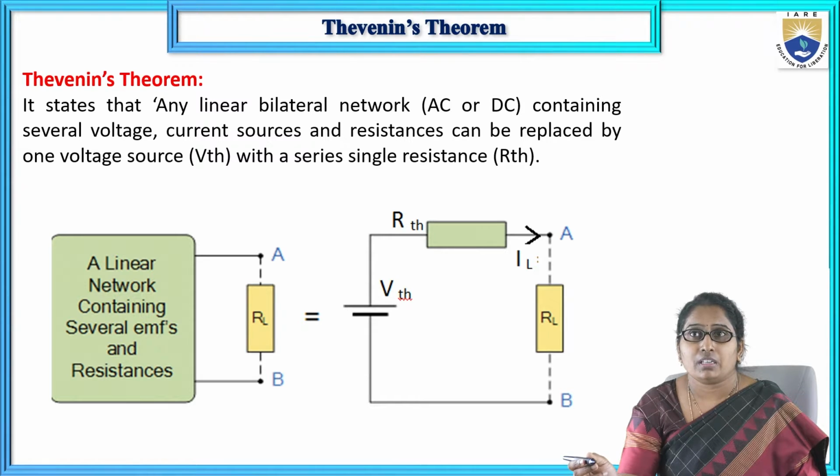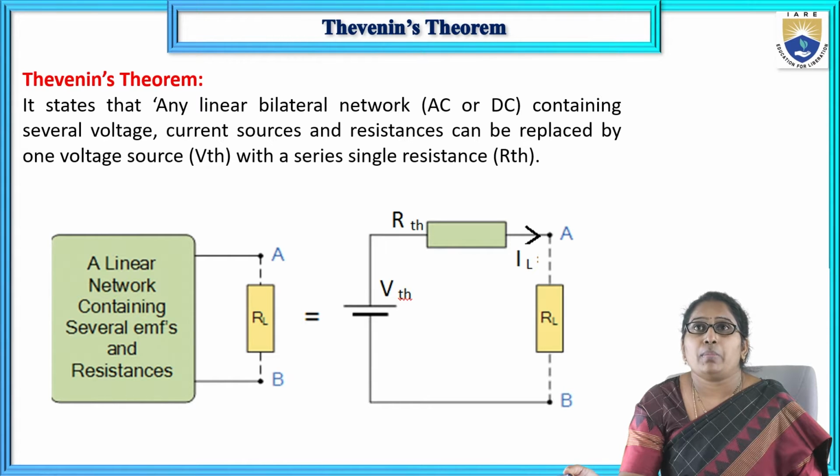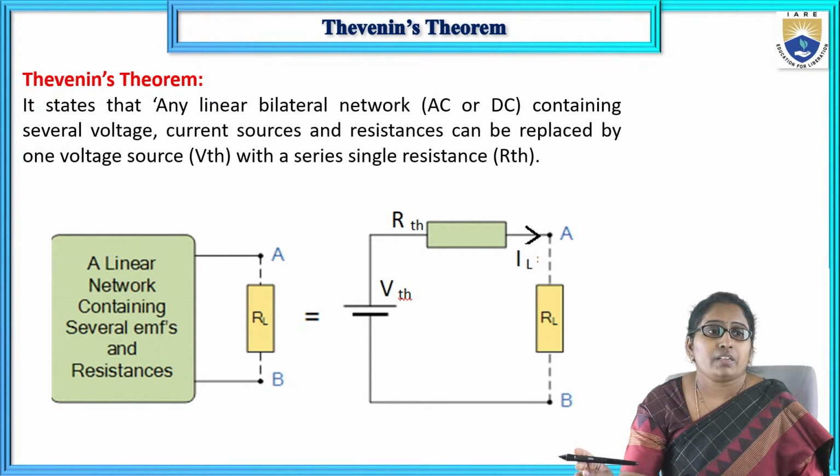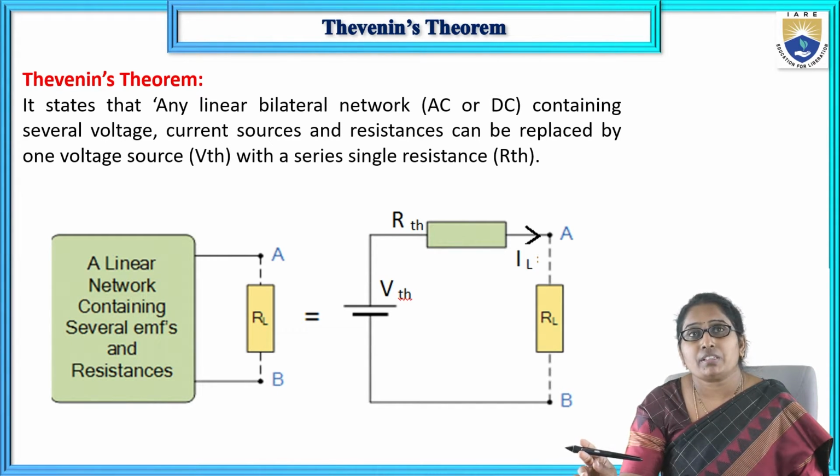The network is linear, having linear elements, and the elements are bilateral. We know what is meant by a linear element and what is meant by a bilateral element. That network has several sources, voltage sources and current sources, and elements that may be a resistance, inductor or capacitor.